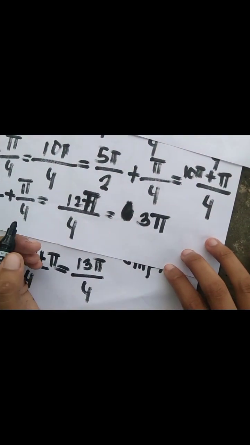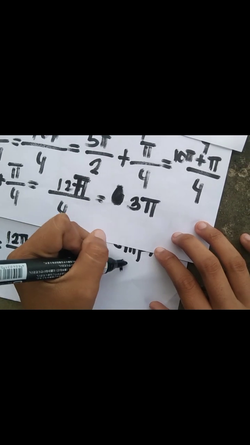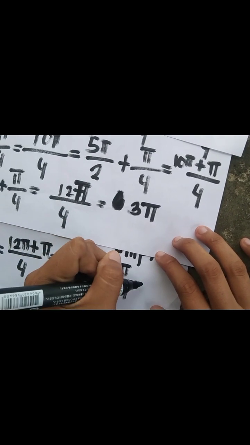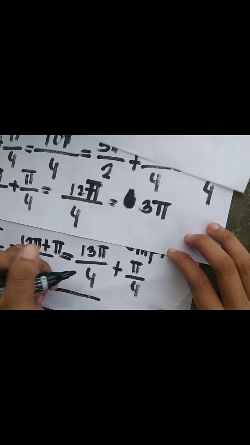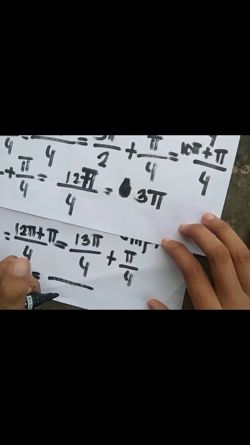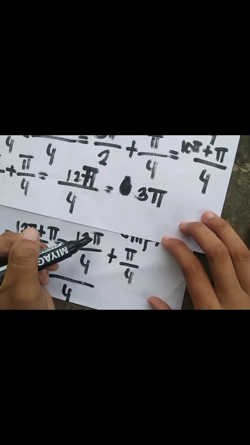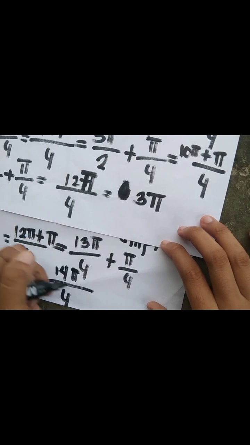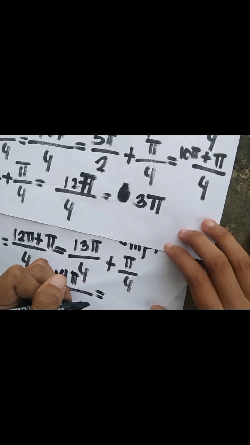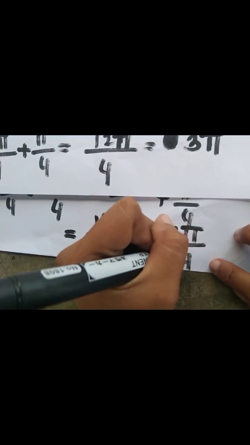Then 13 pi over 4 plus pi over 4 equals, copy the denominator, 4. Then 13 pi plus pi equals 14 pi. Reduce to lowest term, which is 7 pi over 2. So this is 7 pi over 2.